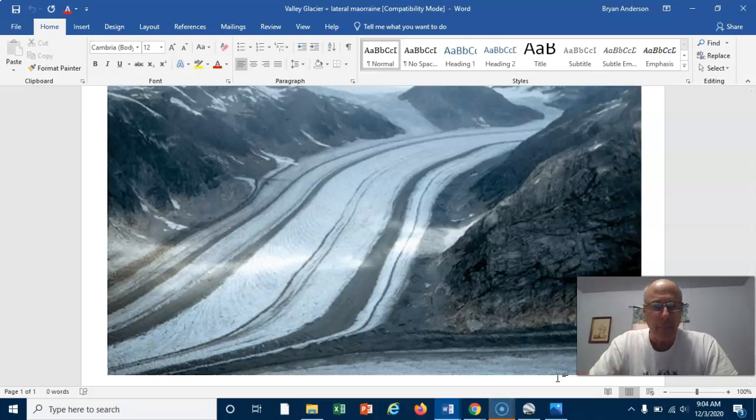Those lines are lines of ice, of dirt and rock that's sitting on and maybe embedded a little bit into that glacier, but mostly it's just sitting on the top of it. So how do you get rocks and dirt, sand, sediment, basically, out here in the middle of glaciers? Is there somebody upstream sort of slowly dumping it on through time and carrying it downstream? No, these are moraines, piles of glacially derived sediment.